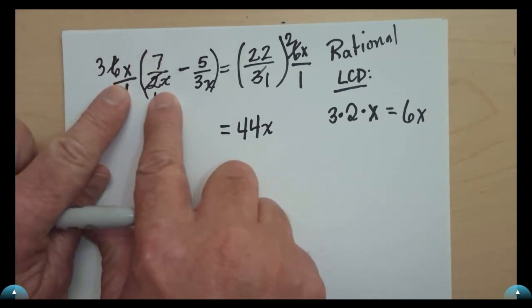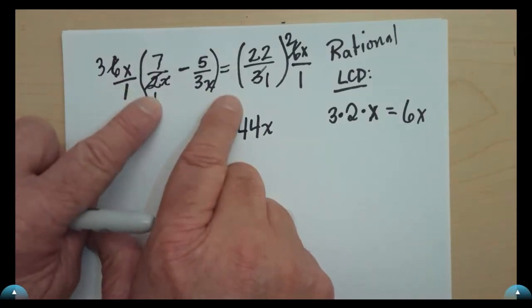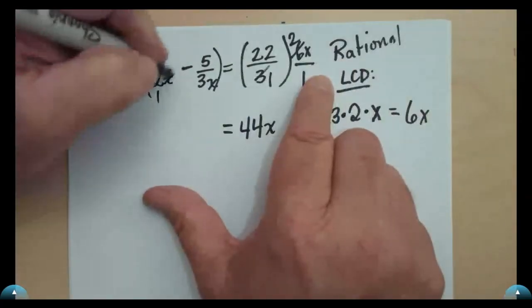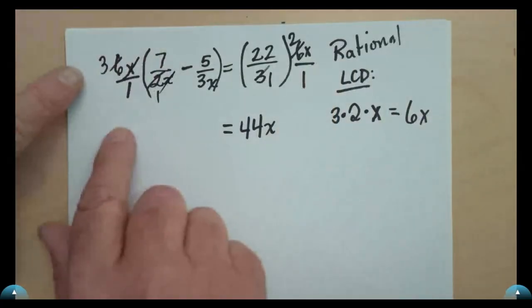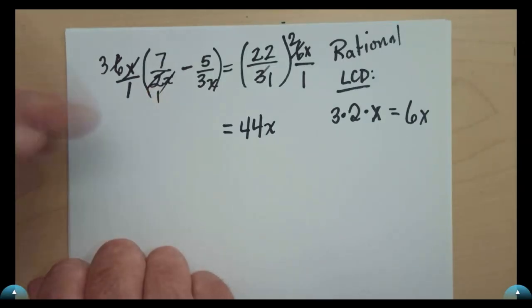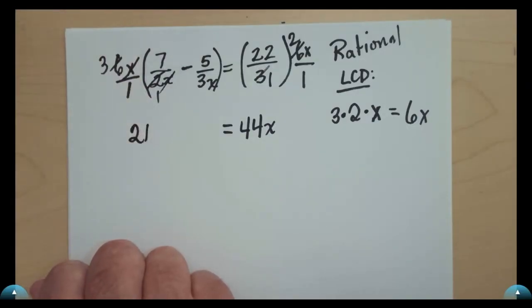I can also cancel that x. Again, I don't know what number x is, but I know that I have a factor of x on top and a factor of x on bottom. That's common, so I can cancel it. So notice when I do that, it just leaves me with 3 times 7, which is 21, just the number 21. Everybody with me so far?